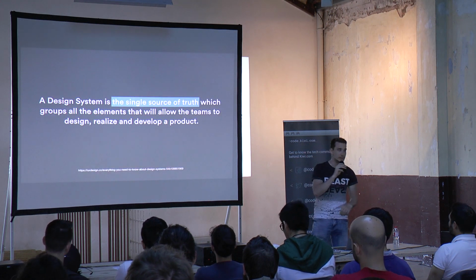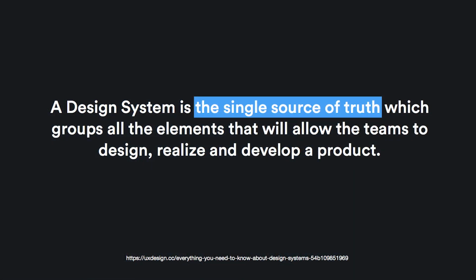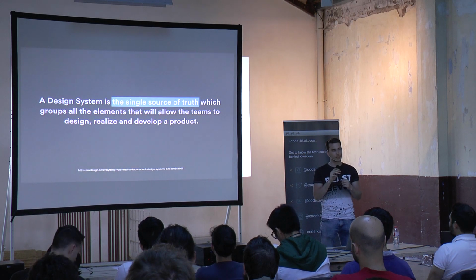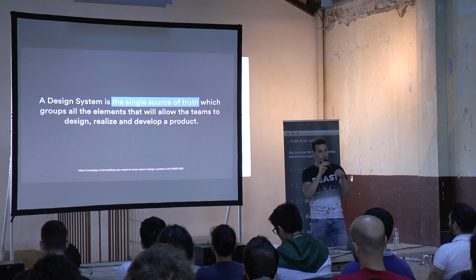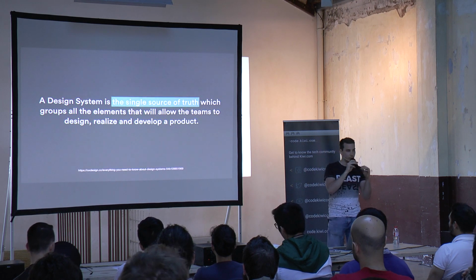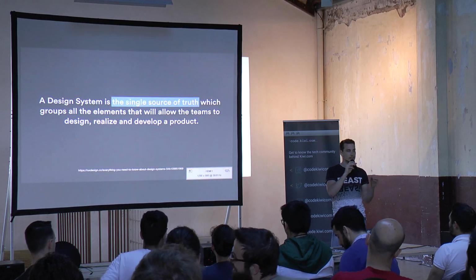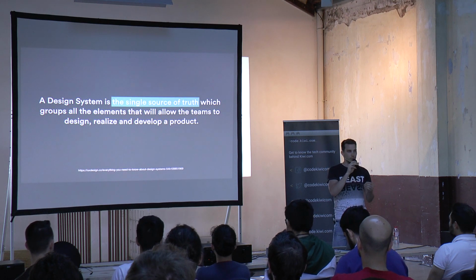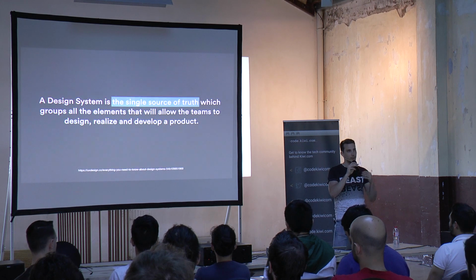A design system is the single source of truth which groups all the elements that will allow teams to develop and realize a product. So in practice, it can consist of guidelines for colors, components, maybe some UI kit in Sketch, and also design tokens that are used for theming or visual branding.